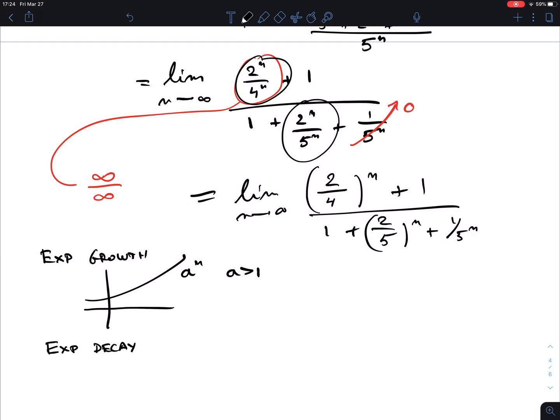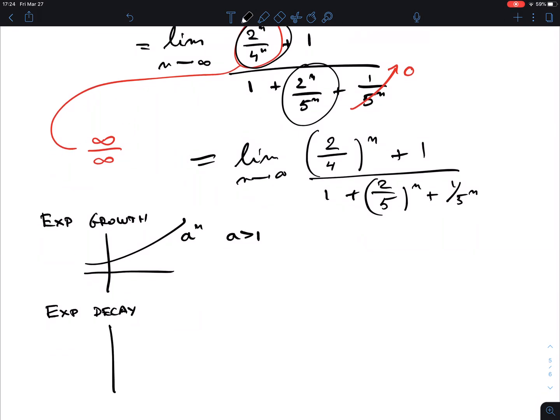This is something from a long time ago. The exponential function now looks like a to the n, for a less than 1. So it depends on whether the base is bigger or less than 1. Here, in both cases, the base is less than 1, so we're dealing with exponential decay. So in the limit, we will have 0.